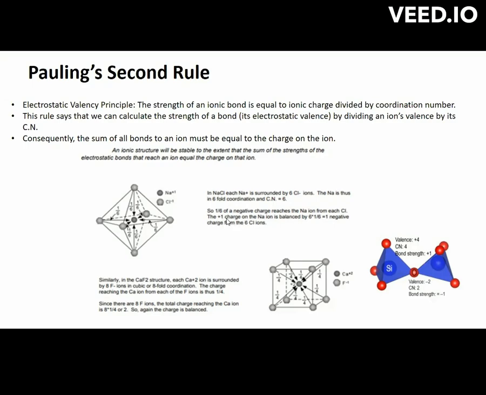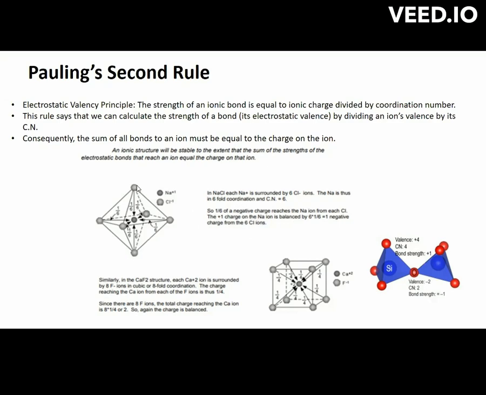Therefore, the +1 charge on the sodium is balanced by, remember the second rule, which I forgot to tell you, is about charge neutrality. At the end of the day, we want the charge of the anions to equal the charge of the cation. How do we do that?